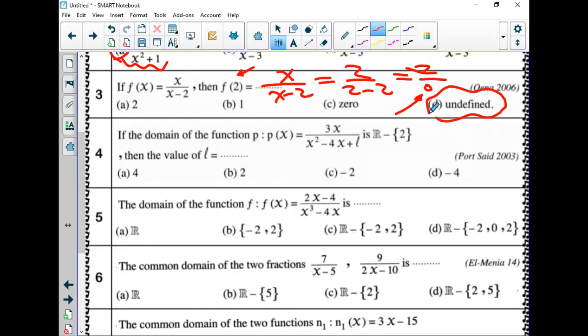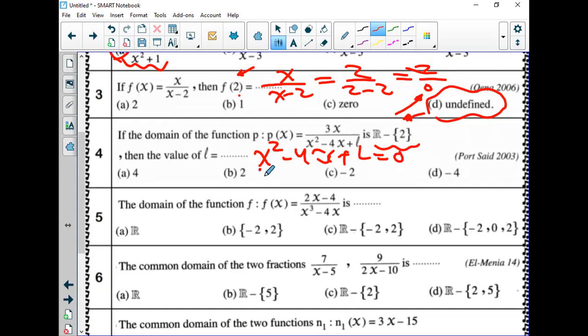Number 4, if the domain of the function p such that p of x equals 3x over x power 2 minus 4x plus L is R difference 2, then the value of L equals what? Notice that the domain equals R difference 2, so 2 is a zero of the denominator. Let's put the denominator equal 0, x power 2 minus 4x plus L equals 0, and substitute x by 2.